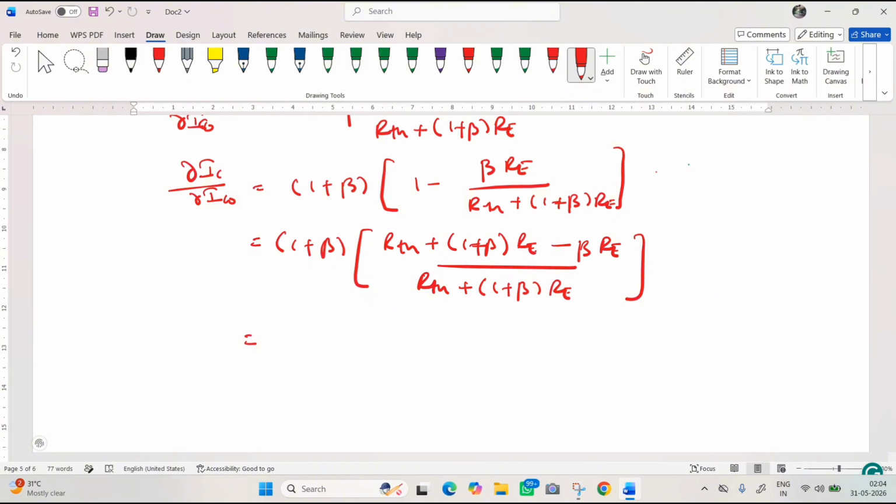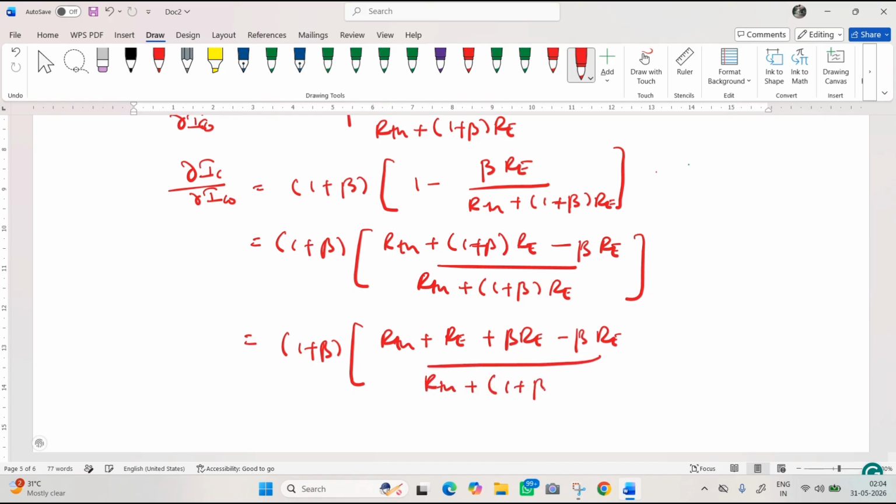One last modification here: this R Thevenin's plus RE, I'm sending this RE inside, then it will become beta times RE minus beta times RE divided by R Thevenin's plus (1 plus beta) times RE.